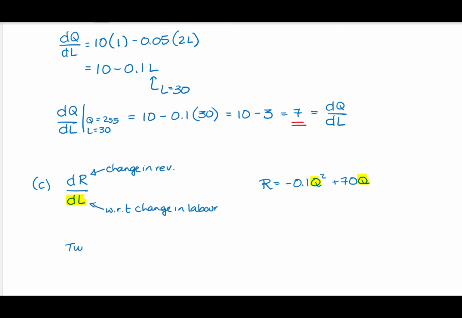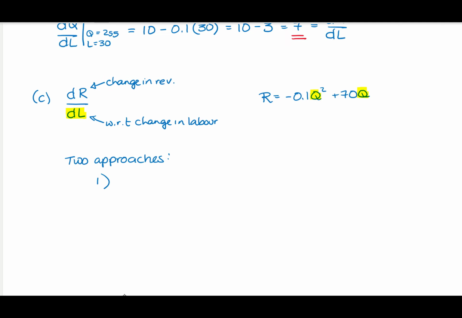There are two approaches I could take. The first approach is I could take this revenue function, R is equal to negative 0.1Q squared plus 70Q, and wherever I see these Q values, I can sub in Q is equal to 200L minus L squared divided by 20.